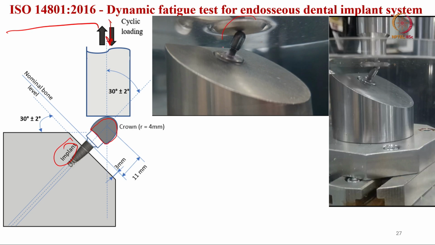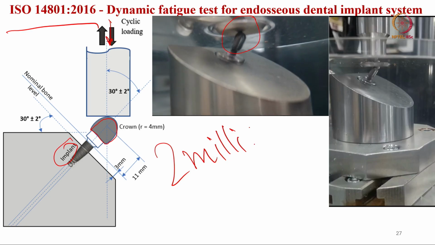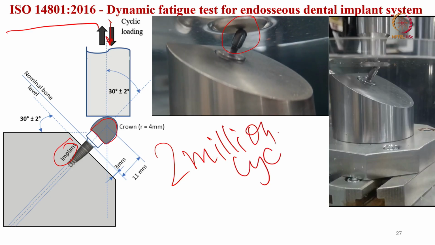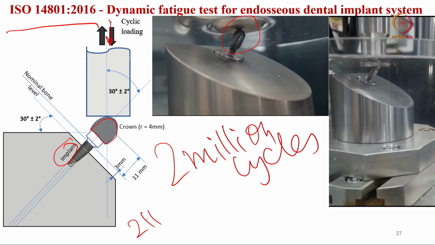in this region you can see the video, a small amplitude at around 2 Hz frequency is being given. It has to sustain 2 million cycles. It is in a NaCl containing saline solution, in the saline media, and you can see this angle is almost 30 degrees.